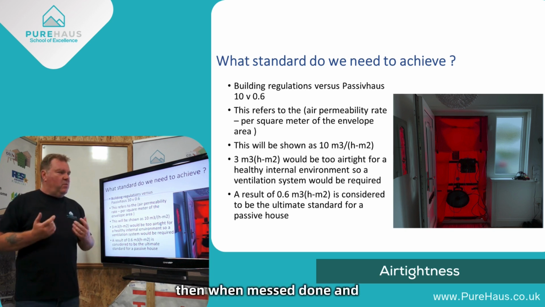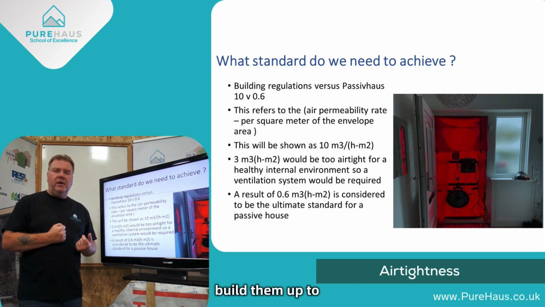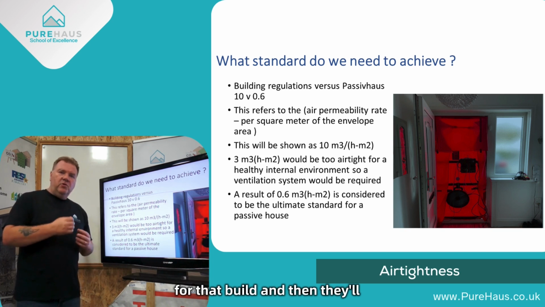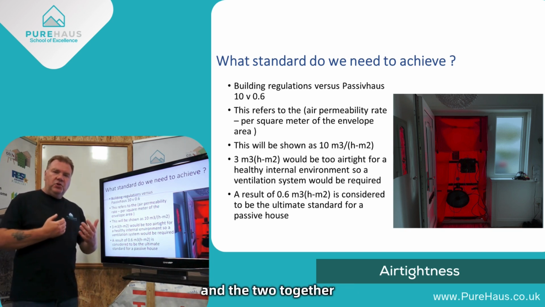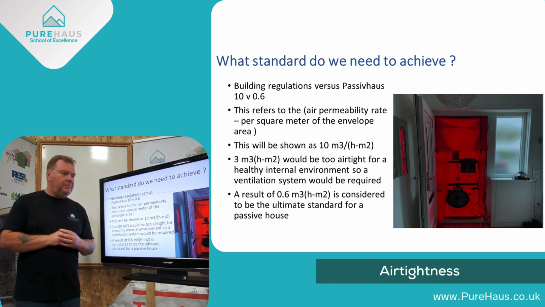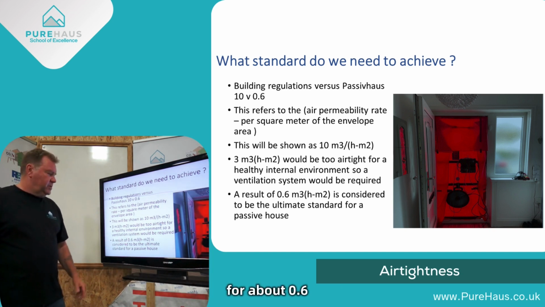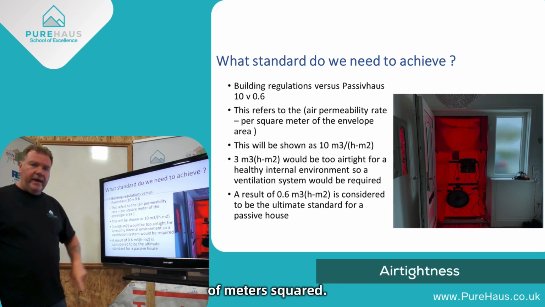Then when that's done and calculated, they'll pump air in and pressurize the building up to the required amount for that build, and measure that again. The two together will give you your airtightness. So we want to aim for about 0.6 cubic meters per hour per meter squared.